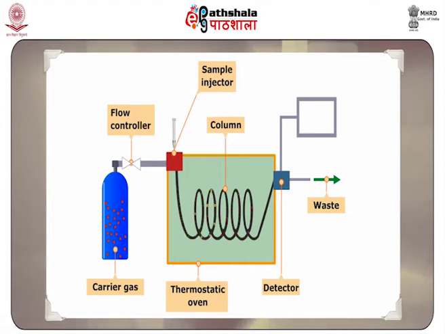As the mobile phase migrates down the column, the various sample components get adsorbed on the stationary phase based on their relative affinities. This rate of migration depends not only upon the nature of the stationary and mobile phases but also on the sample under analysis.